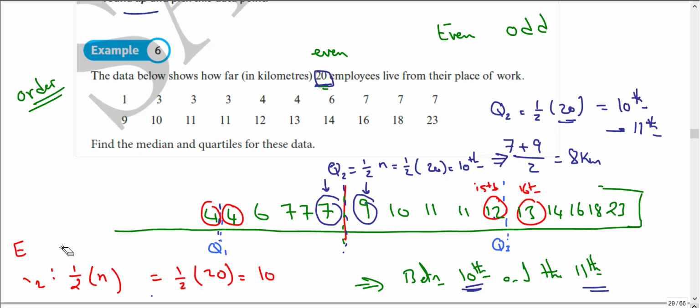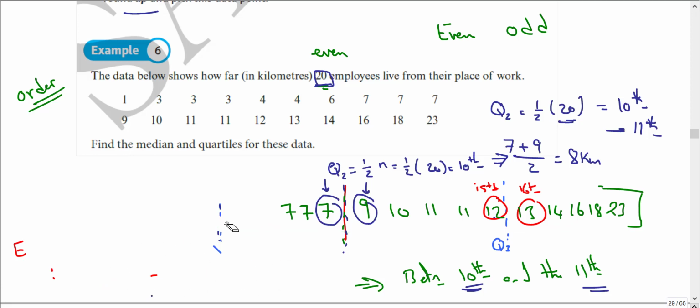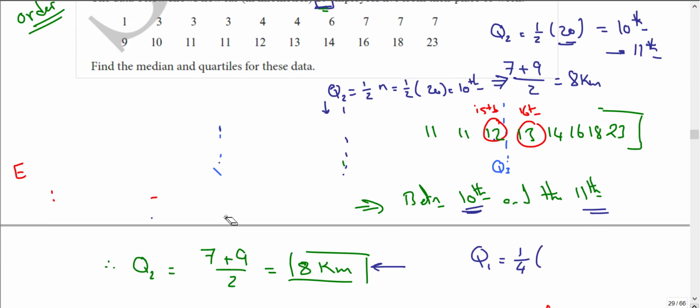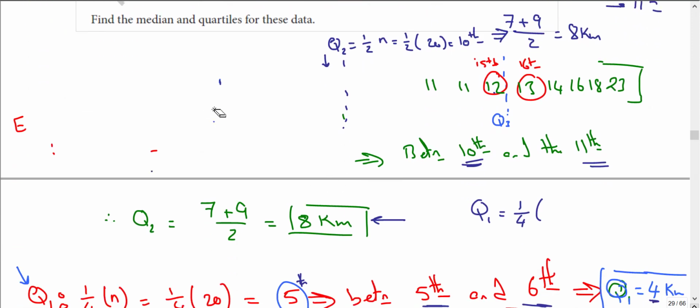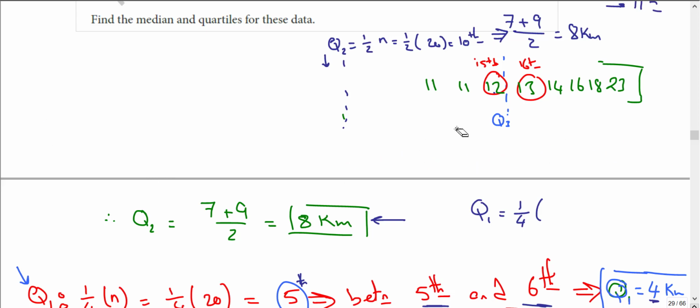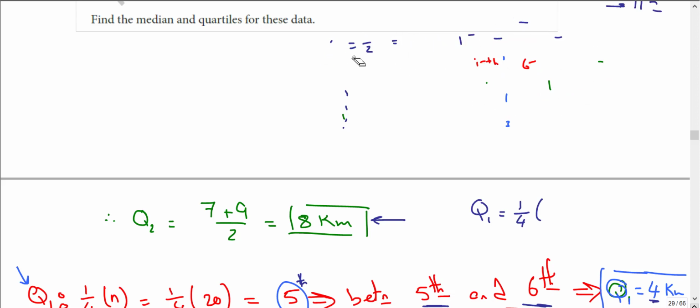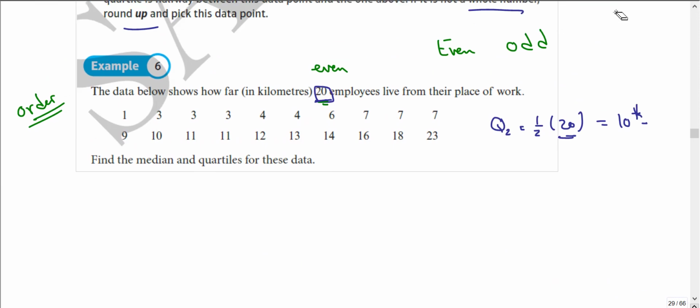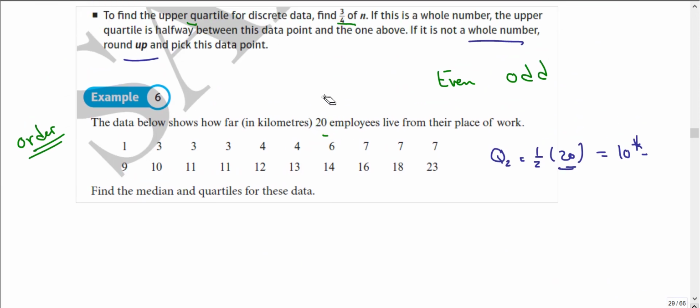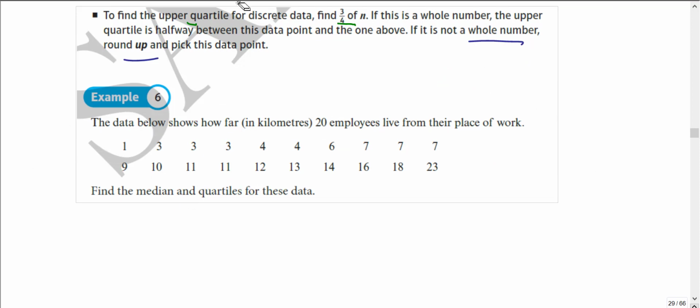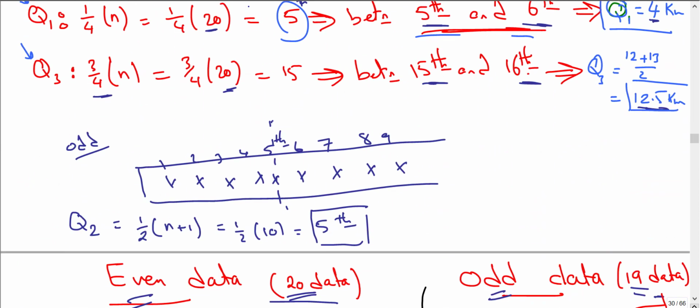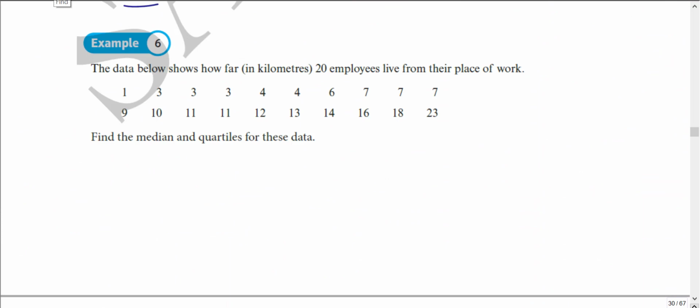I'm going to erase the whole thing. Set the page.